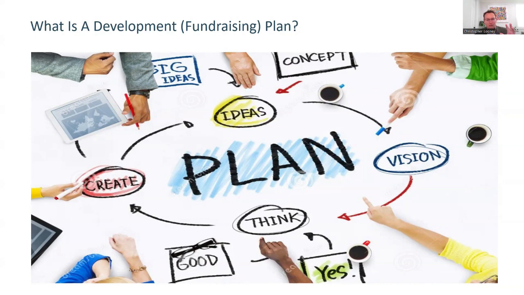So there's also the concept that the nonprofit fundraising plan is different from other fundraising plans. What do we mean by that? We mean that a nonprofit fundraising plan organizes your fundraising activities over the course of the year or two or three or more. And that doesn't eliminate the fact that you might have other fundraising plans that detail the fundraising campaigns and activities included within your overall plan.